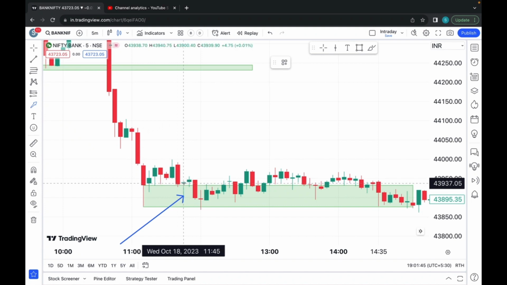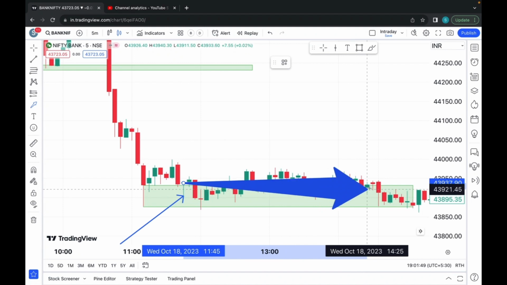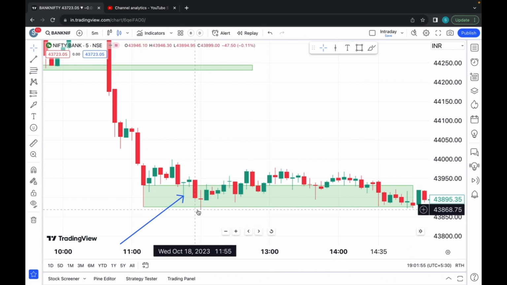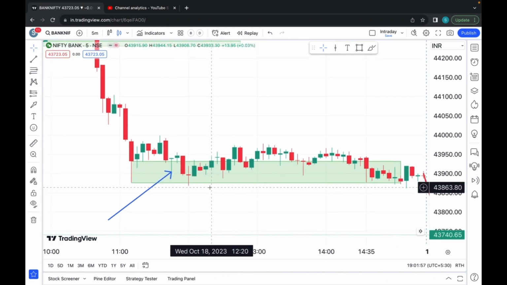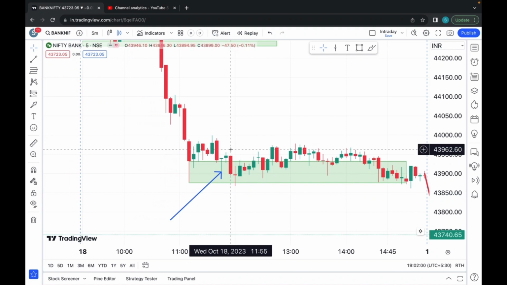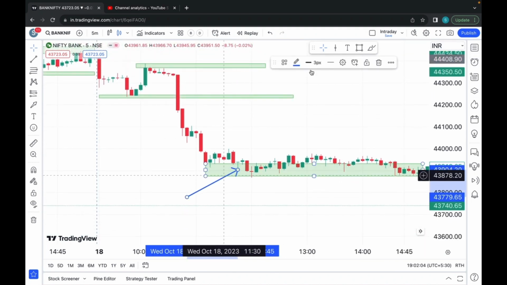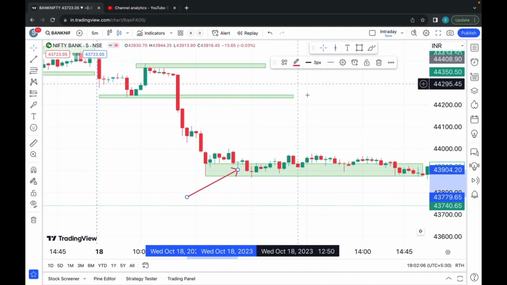So now here the previous trend is a downtrend. In this case, it has gone sideways. The previous trend is killed here, and that turned into a sideways trend here. So that is a stop loss trade.